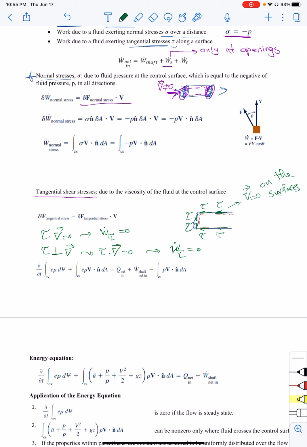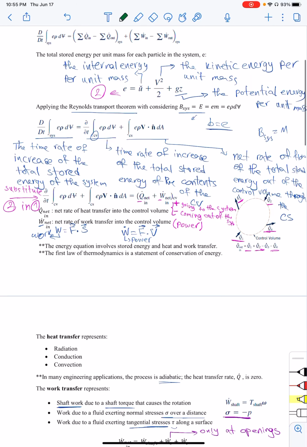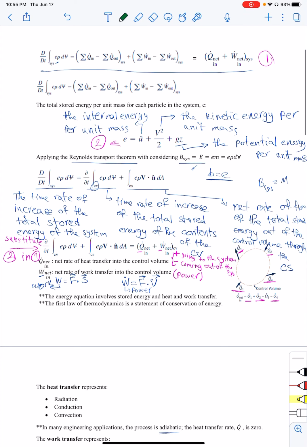Now let's see how we can get this equation here. So let me just name some of the equations that we have. So let's call this one equation number 3.